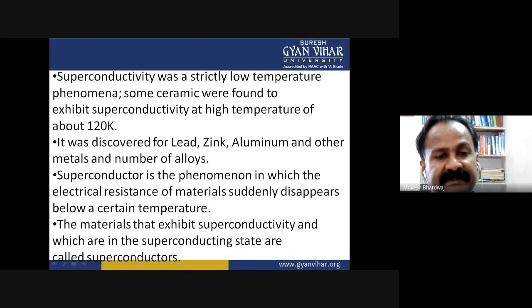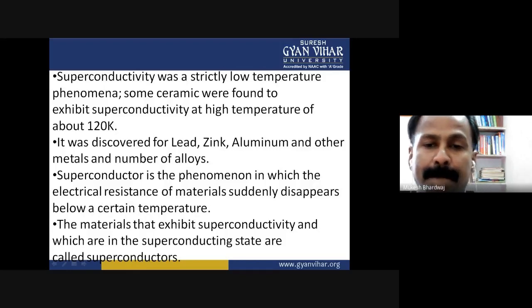The materials that exhibit superconductivity and are in the superconducting state are called superconductors. Superconductivity appears at low temperature and in a magnetic field lower than a particular level.